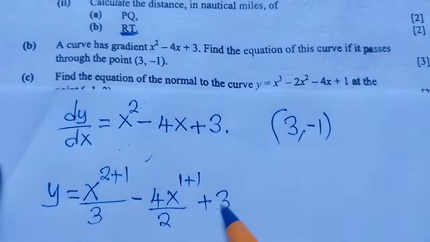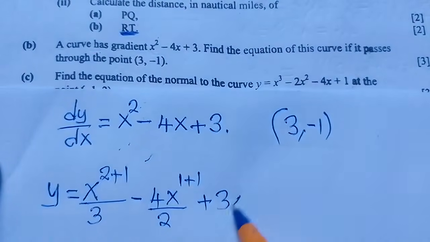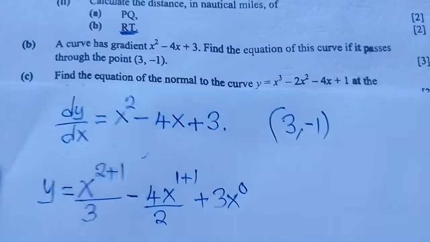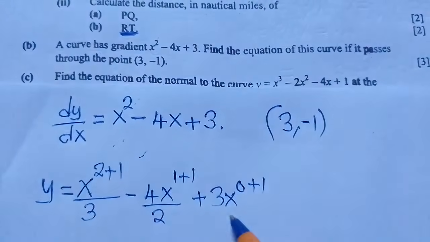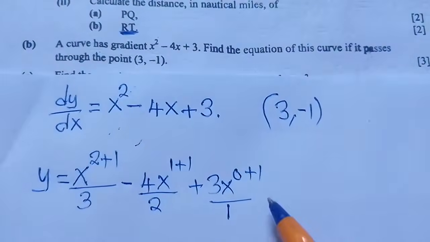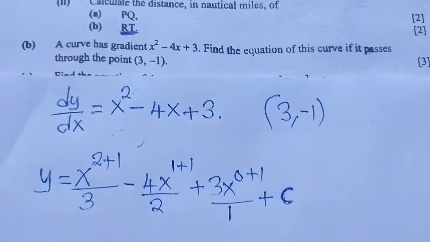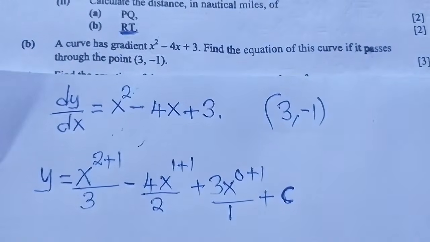3. If a number is written like this, it means it's having x raised to the power 0. So you say plus 1 over the power there, it is 1, so you put 1 there. Then you say plus c. This is how we integrate. I believe we've done this. We are able to integrate.